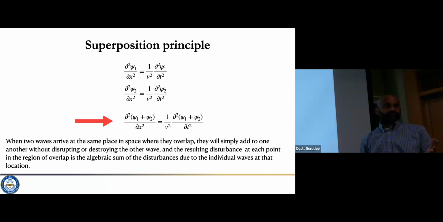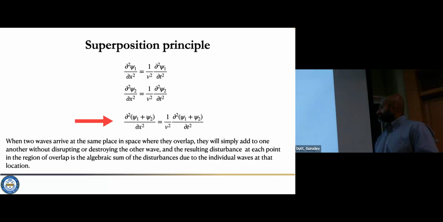Mathematically any linear combination will be a solution, but physically, for example with light, the two electric fields will just add, E1 plus E2, at the point x, t. When two waves arrive at the same place in space, that's the simplest physical picture, and we use that in physics.